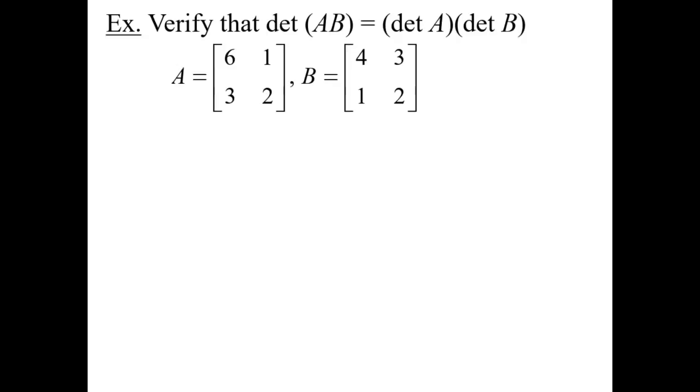Let's verify. Here's a property. Let's verify that the determinant of A times B is equal to the determinant of A times the determinant of B. Okay, we've got A and we've got B. The determinant of A is equal to, let's see, 12 times 3, which would be 36. Nope, let's try it again. 12 minus 3, which is 9.